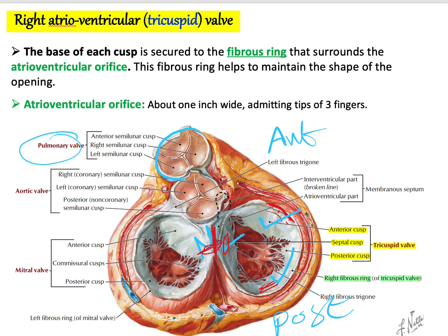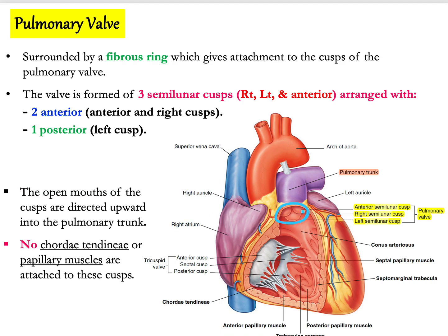It's also guarded by a fibrous ring, which is part of the heart skeleton, and it has three cusps: two anterior and one posterior, because this is the anterior surface of the heart, and of course posterior to these two cusps there's another one, which is the posterior one. But let me show you this.